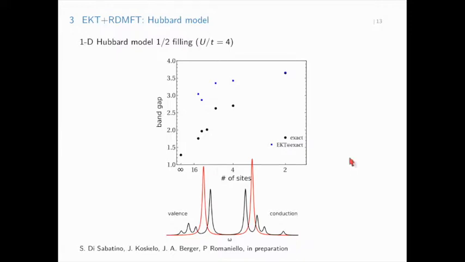Okay, yes. I forgot to stress the fact that this refers to a single component of the spectral function. So you project on a particular orbital, and you have the corresponding spectral function. In that case, you have one energy for the removal part and one energy for the addition part.